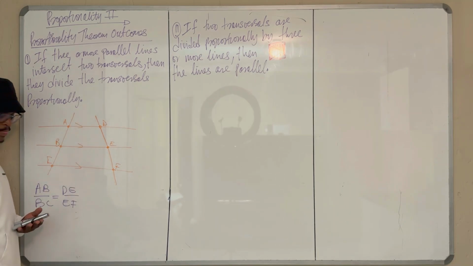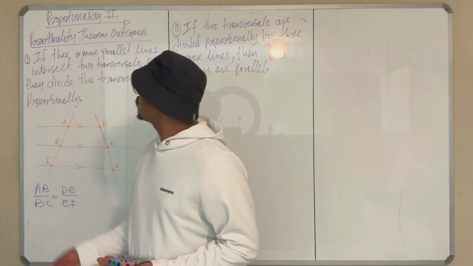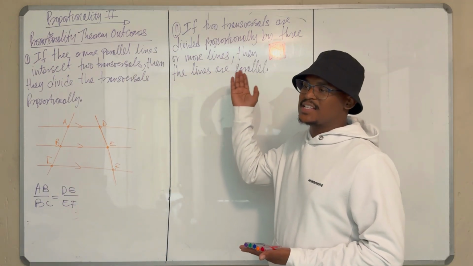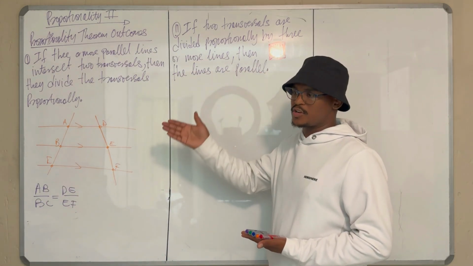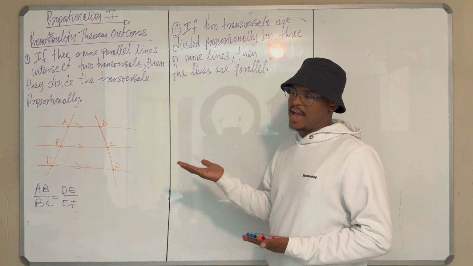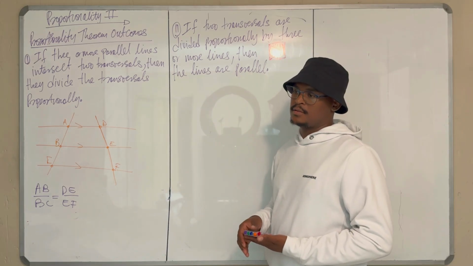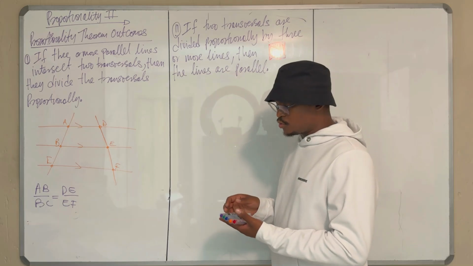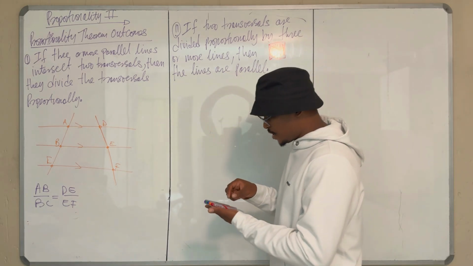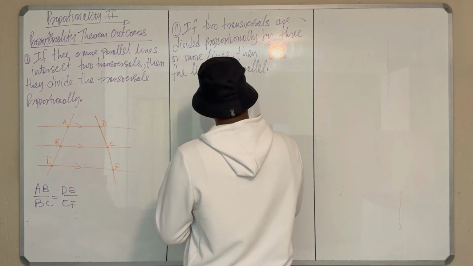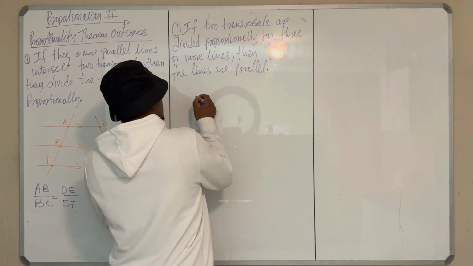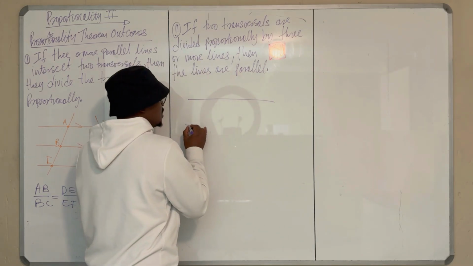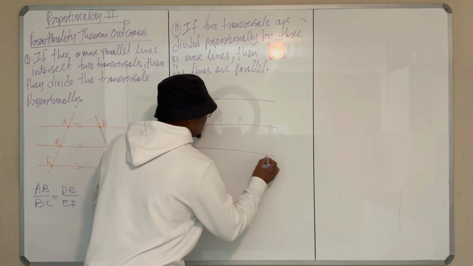In a similar way, if you have 2 transversals that are intersected by 3 or more lines proportionally, then those lines should be parallel. Do you understand? So do you want me to draw it as well? So let's say you have these lines here. I'm not saying these lines are parallel.